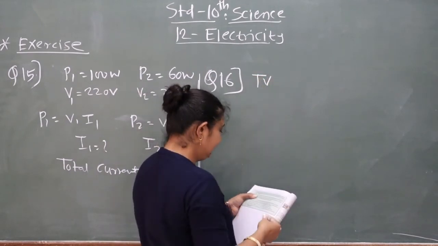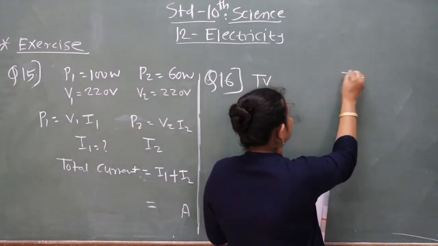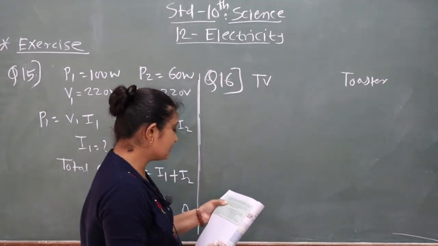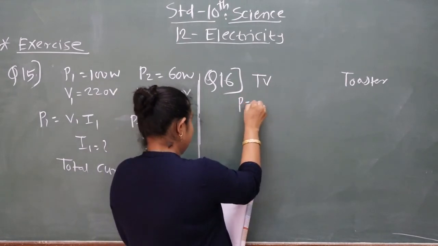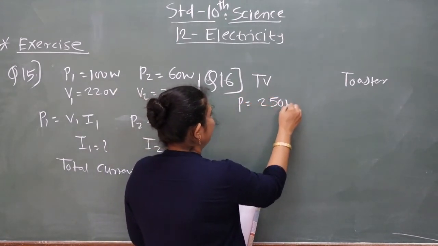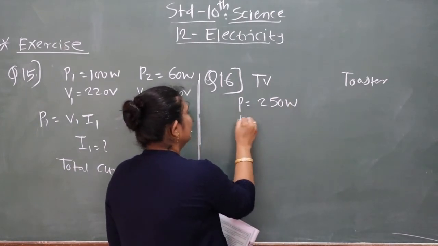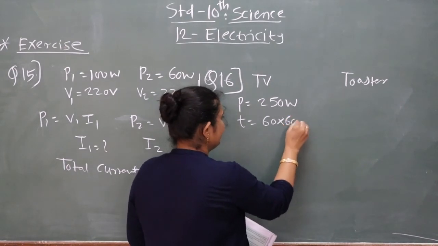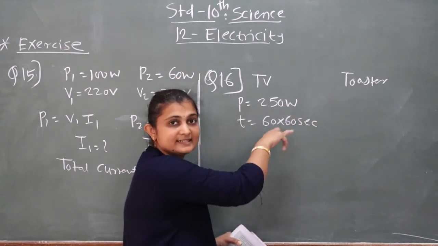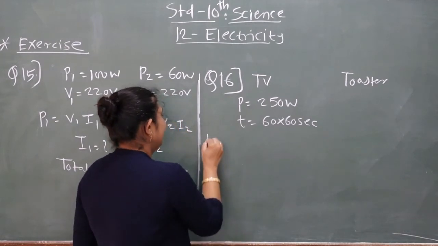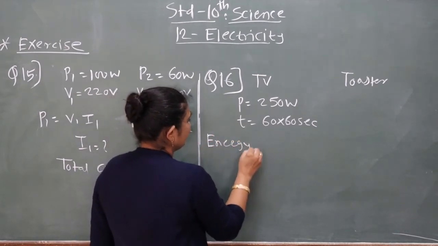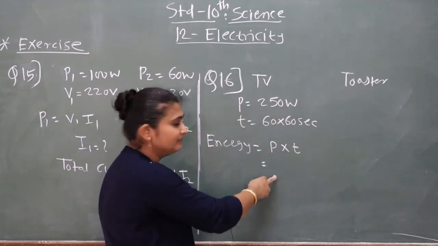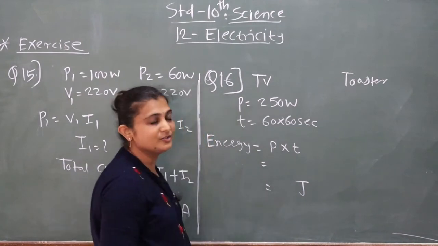TV and toaster, two things are given. For TV, power is equal to 250 watt for 1 hour. 1 hour means 60 into 60 second. Find energy, P into T. Simply multiply these two terms, you get the energy in terms of joule.